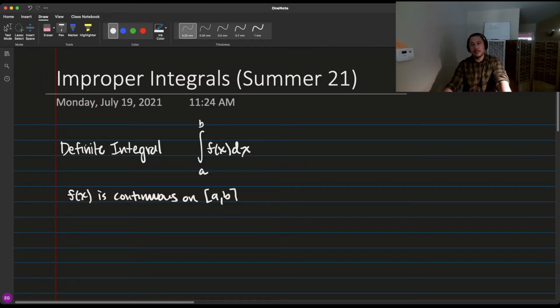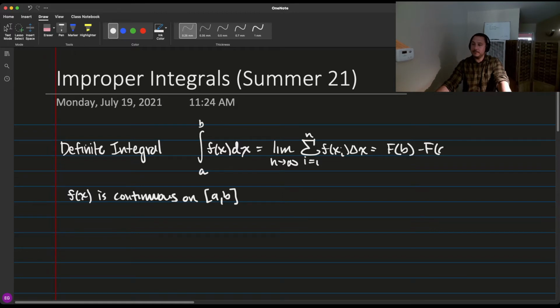So you have no asymptotes or anything like that. A definite integral is defined to be the limit as n goes to infinity of the sum from i equals 1 to n of f of x_i delta x. But most of the time, how do you actually do this in practice? You do F of b minus F of a, because you're basically assured to have an antiderivative if you're continuous.